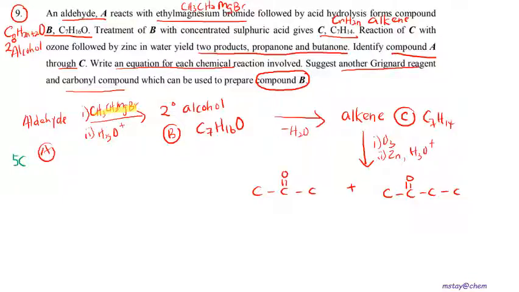So from here we will be able to identify the structure C. Okay, so this is the structure C. By taking out the oxygen from the double bond, I can rearrange like this.